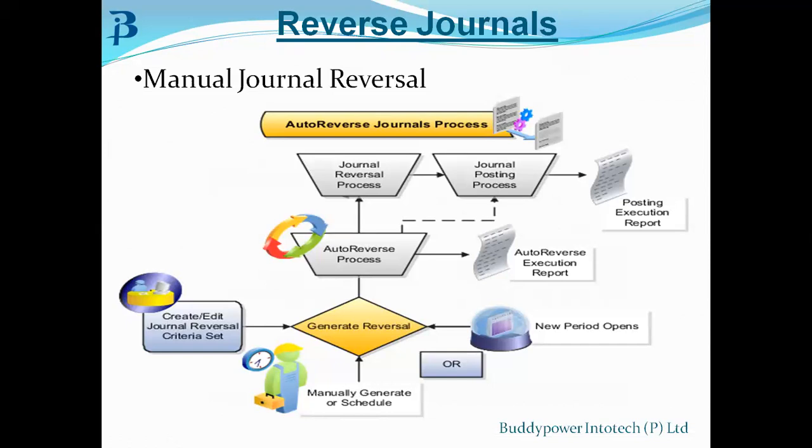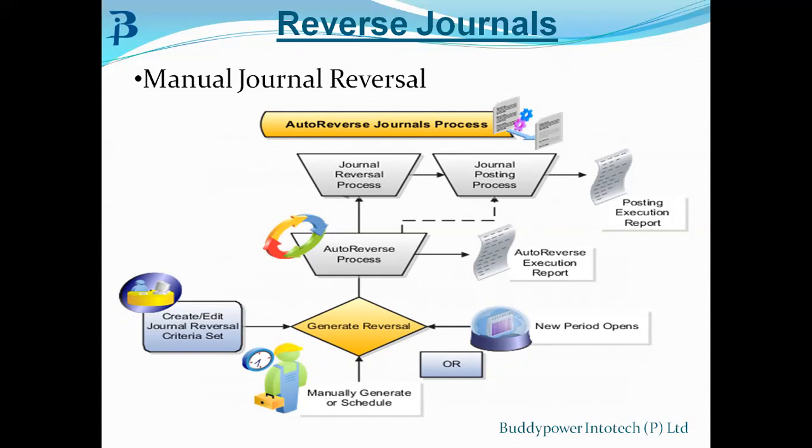To reverse your journals, you again have two methods: manual and auto journal reversals. Manual is the same way. You can reverse journals manually by selecting a reversal action in the user interface. You can manually reverse the posted journals that are eligible for reversal on the manage journals and edit journals pages. Both provide an action to reverse a journal and an action to reverse a batch.